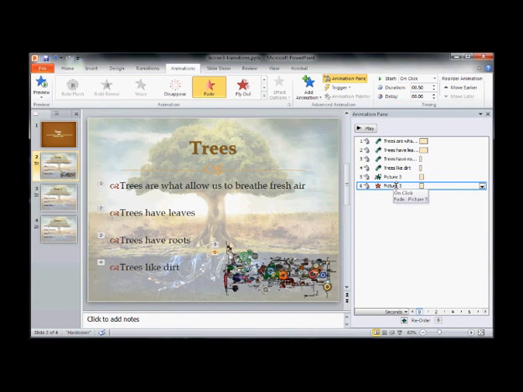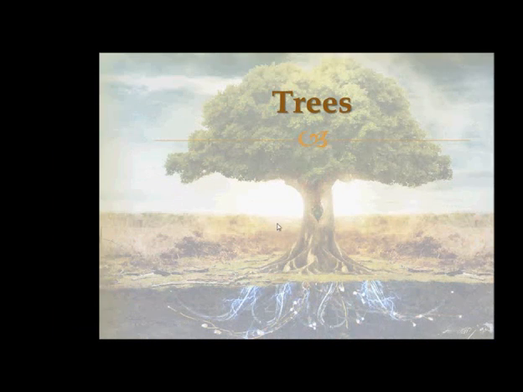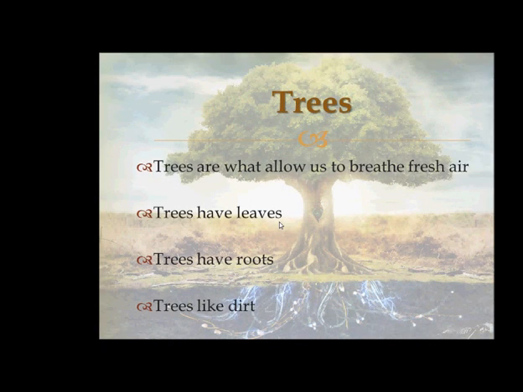Okay, you can also add this on a timer. So if you click on this drop down arrow and say after previous, it'll then happen a little bit after. Okay, so if we want to add a delay so that it takes a few seconds before it fades out, I'll show you what it looks like now. If you press Shift F5, press that a few times, it'll pop in and then just fade out straight away.